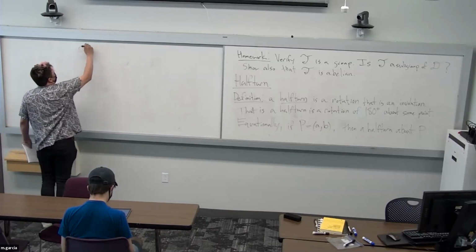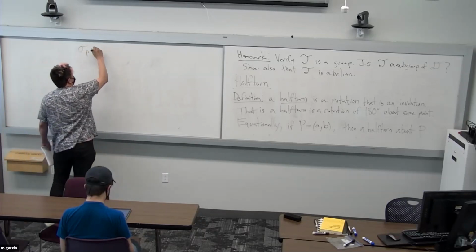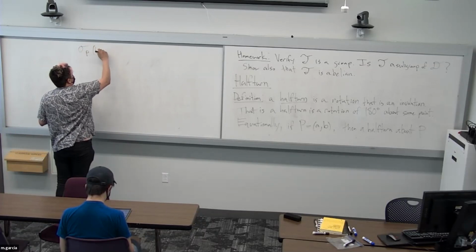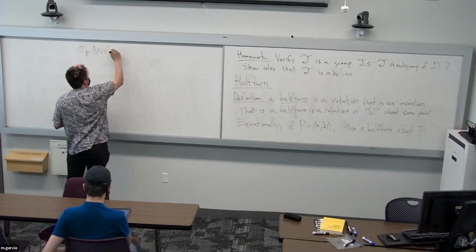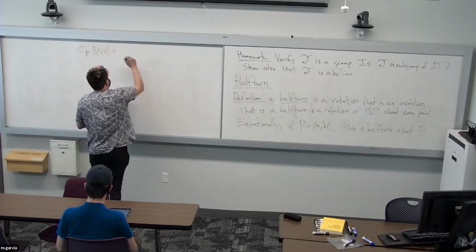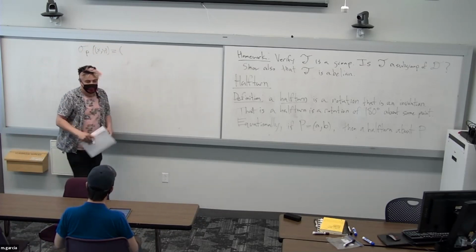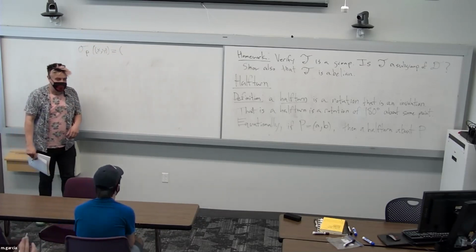All right, sigma sub P of x comma y is equal to... okay, any guesses on how to describe this analytically?